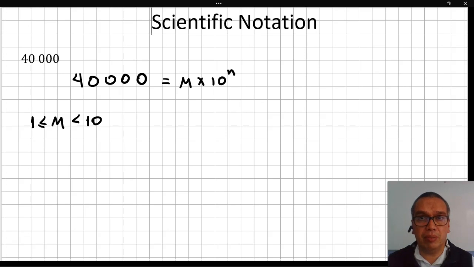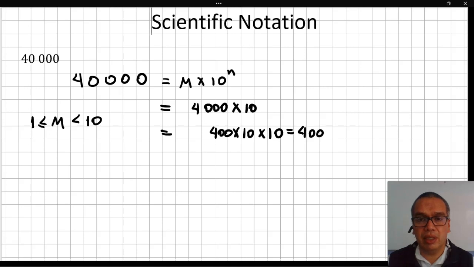If you look at this number, 40,000, you can see that it can be written as the product 4,000 times 10. Following that same logic, it is equal to 400 times 10 times 10, or 400 times 10 squared.